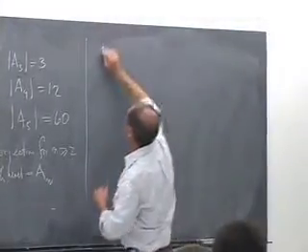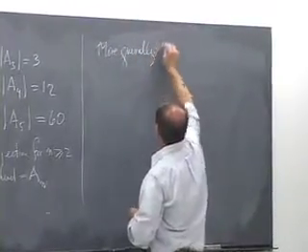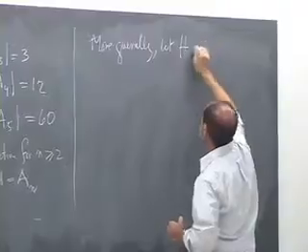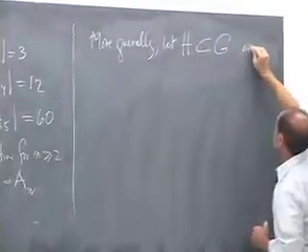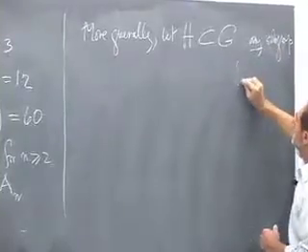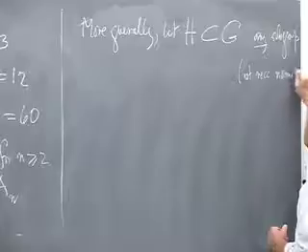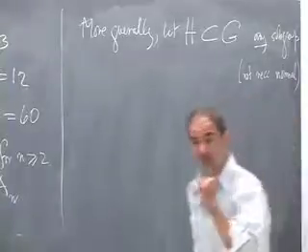So, more generally, whenever you prove something, you want to see if you've really used all the hypotheses. More generally, let H be any subgroup of G. Not necessarily normal. So it doesn't necessarily come from the kernel of a homomorphism.